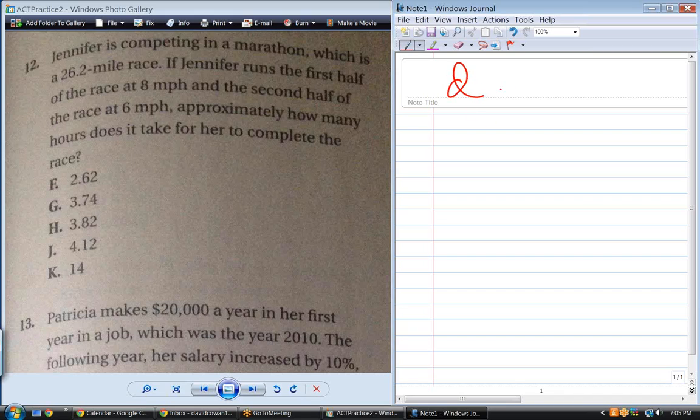Yeah, DIRT is the way I remember that. Distance equals rate times time. Obviously, that means that time equals distance divided by rate, but don't bother memorizing any of those. You can always work the rest out algebraically. So this is the master one you always want to remember.